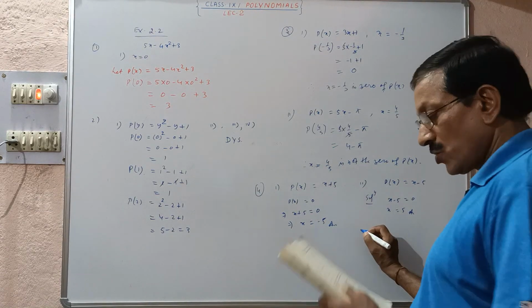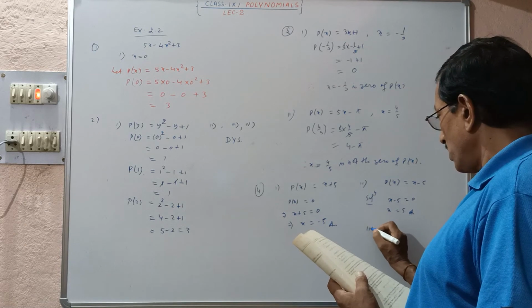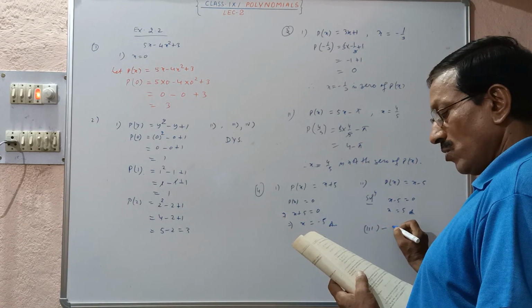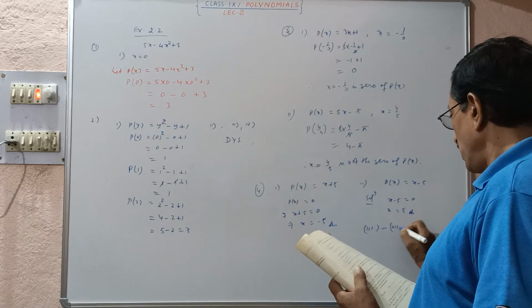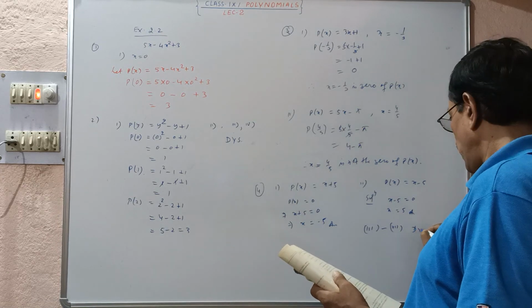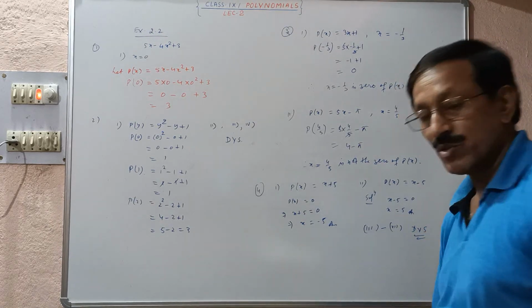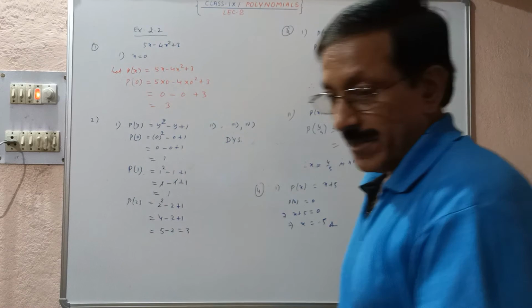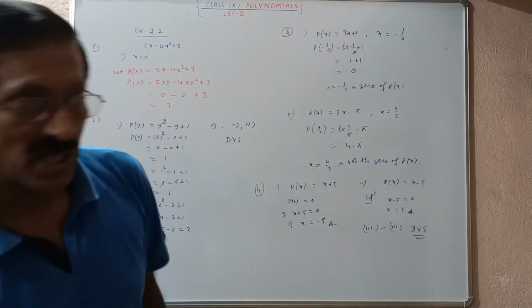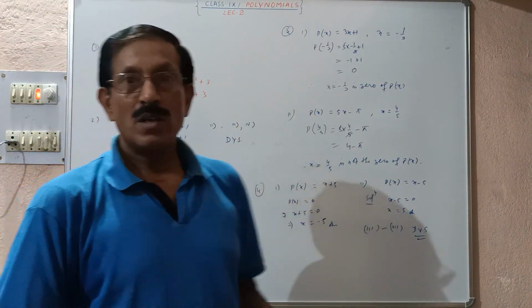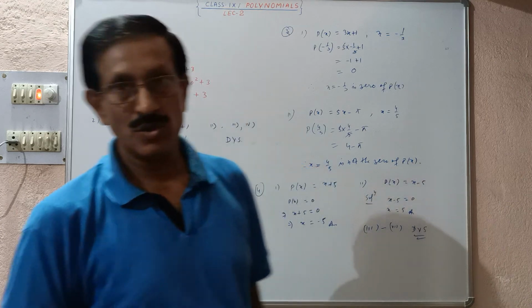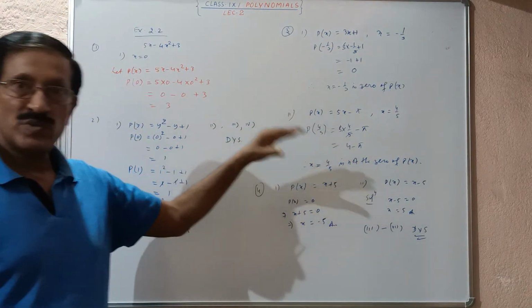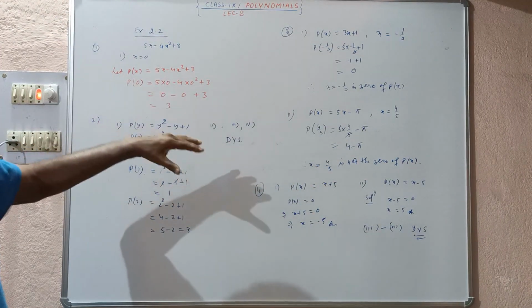In this way, do the other questions, question numbers 3 to 7, yourself. Okay, now in the next topic we will do the remainder theorem. After this we will do the remainder theorem. You must watch this video.